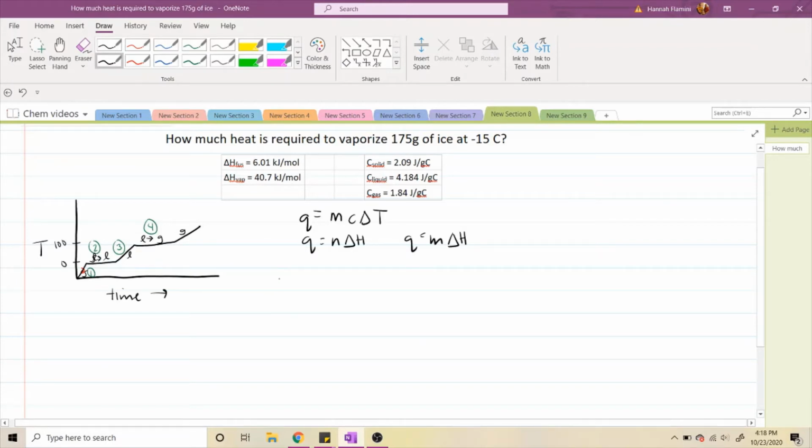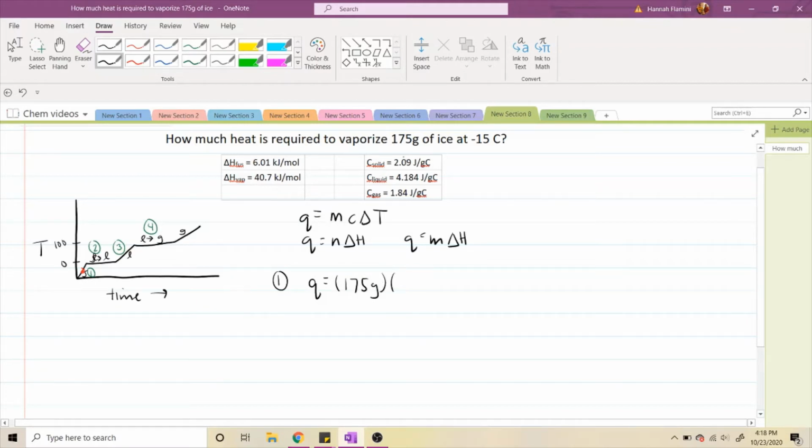So for step 1, we are going to use the first equation, Q equals mc delta T. That's always what you want to use when you're in a phase, on the diagonal lines. So we have Q equals the mass, which is given as 175 grams, times the specific heat.